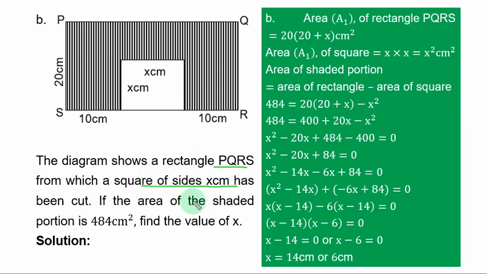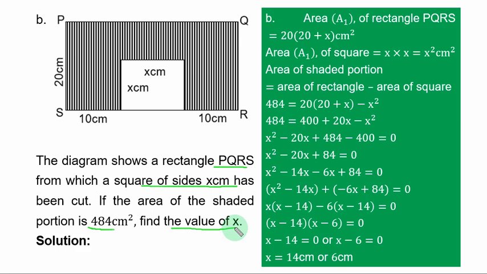If the area of the shaded portion is 484 square centimeters, find the value of S. So we have two figures here, a rectangle and a square. Now, the shaded region is given to us, but that region is simply area of rectangle minus area of square. So if we do that, we can get the value of S.